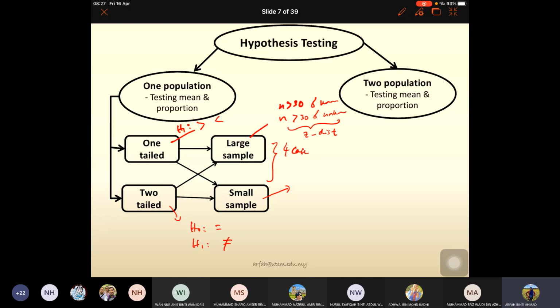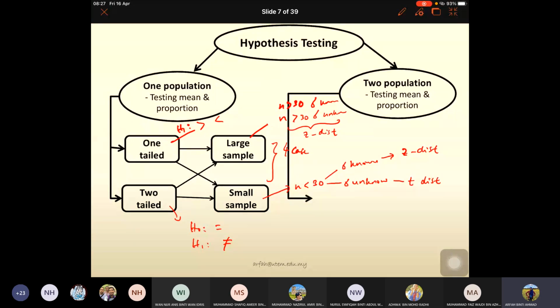Untuk small sample kita akan ada n less than 30 dan dua case, sigma is known or also sigma unknown. So yang sigma known akan follow Z distribution, that is table of normal distribution, and sigma unknown ianya akan jadi T distribution. Okay. So the same thing akan goes untuk two population. Nanti kita tengok in chapter 4.